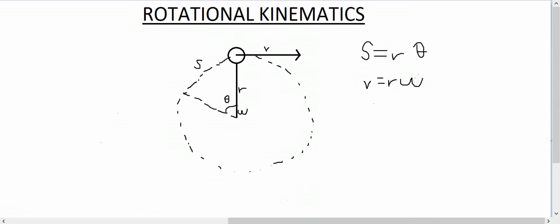So this is tangential velocity. It's quite similar to tangential displacement. For one thing, the vector is straight. It doesn't curve along the path of the circle.